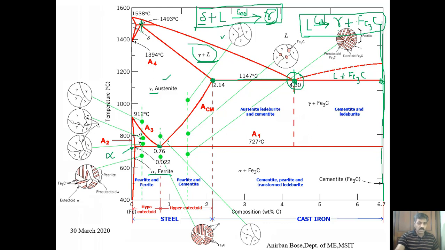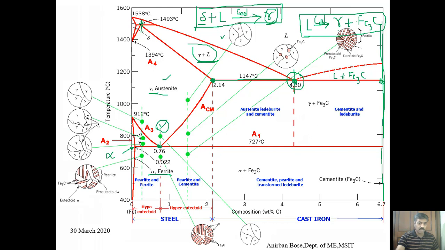Here you can see one solid primary phase, which is austenite. Here is one primary phase that happens at lower than 900 degrees centigrade. So how many primary phases can you see here? One is delta iron, which happens at very high temperature, more than 1394.